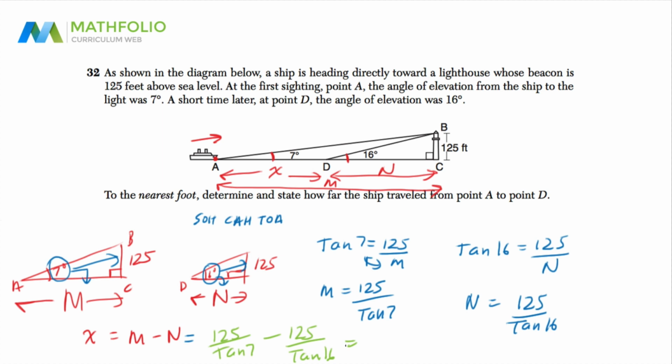So we can one-shot this in a calculator, just be careful with parentheses, but we have 125 divided by tan 7, close it up, and then subtract 125 divided by tan 16. And the answer I get is 582, and it does say to the nearest foot, so I don't need to round it beyond then. It's just 582 feet, and that's my answer.